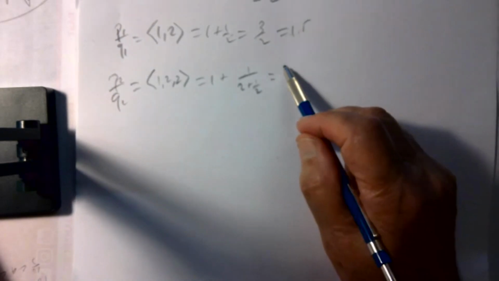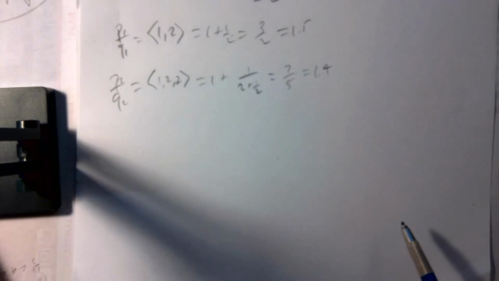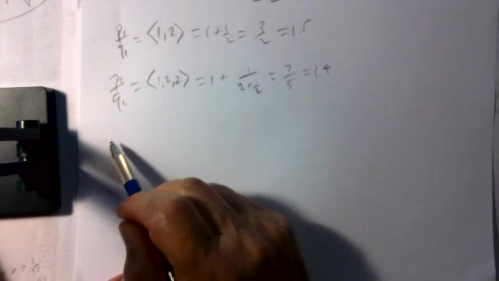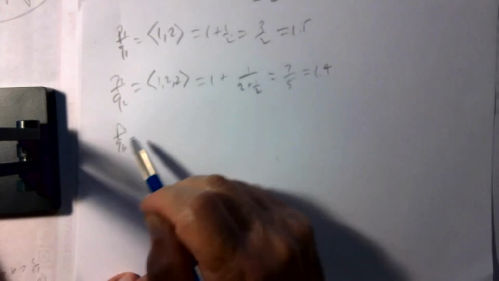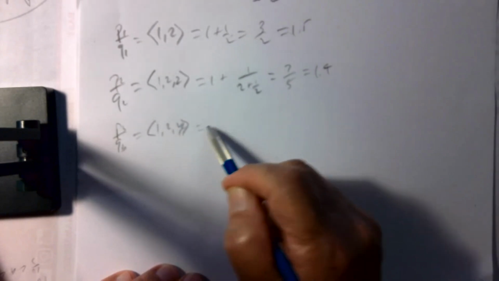It's 7.5. And what is that as a decimal? 1.4. So all right, what is P3 over Q3? Let me see now.